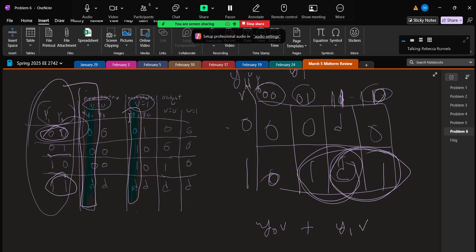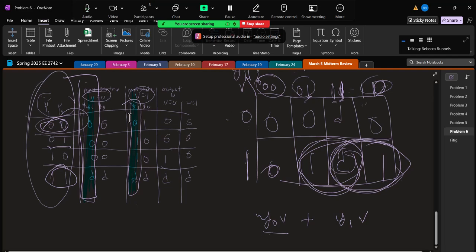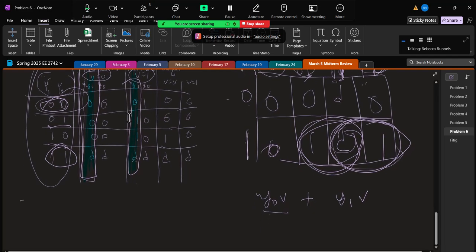Yeah. Because they both have a V, because V is 1, and then this group has Y0 equal to 1, and this group has Y1 equal to 1. Okay, so let's do our K-map for y0.